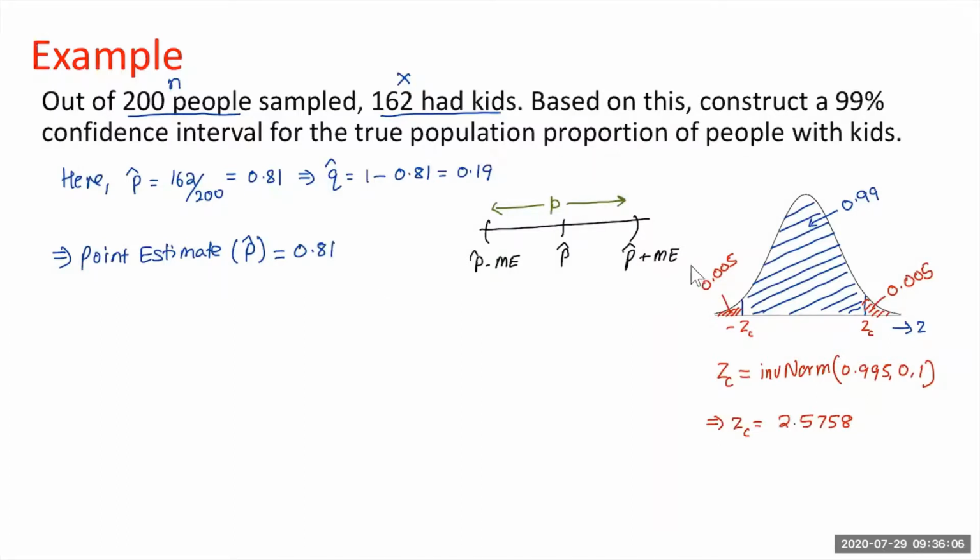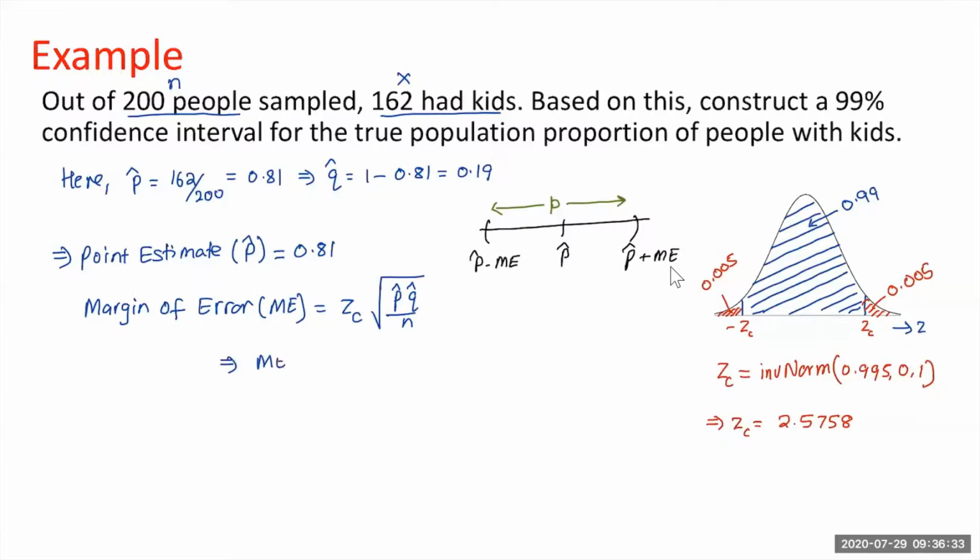Now the second thing we need is the margin of error. You write ME for that. The formula for the margin of error is z sub c multiplied by the square root of p hat q hat divided by n.